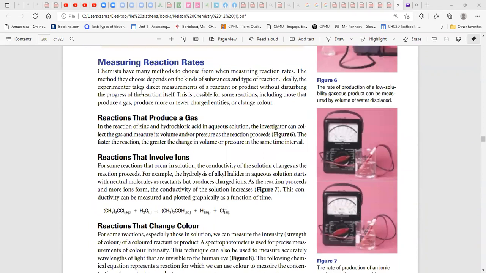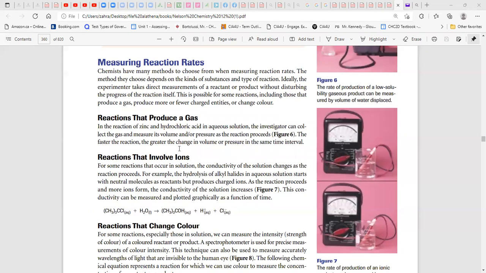Measuring reaction rate. We have specific devices for different reactions. We can use different devices to measure the rate of reaction. For some reactions that produce gases, you can have a device that measures the volume and the pressure.